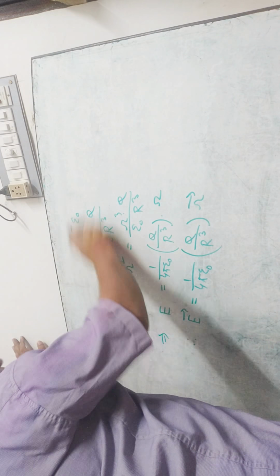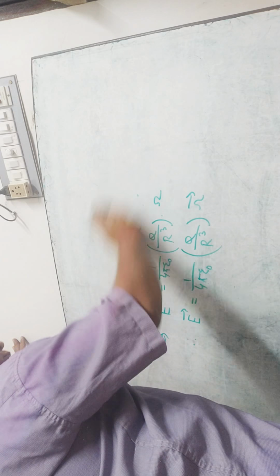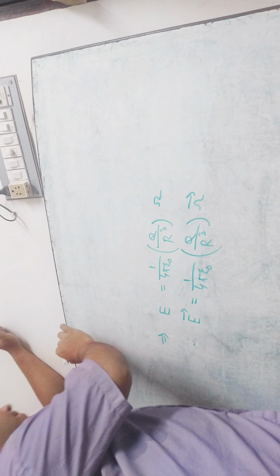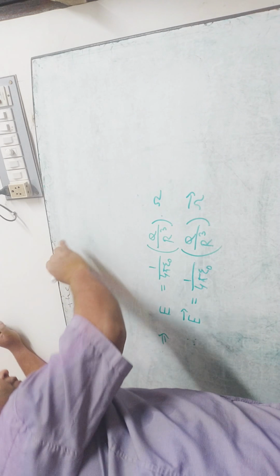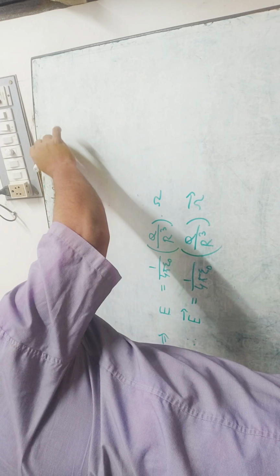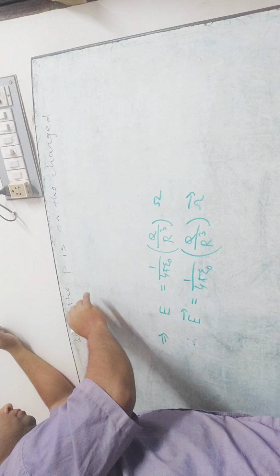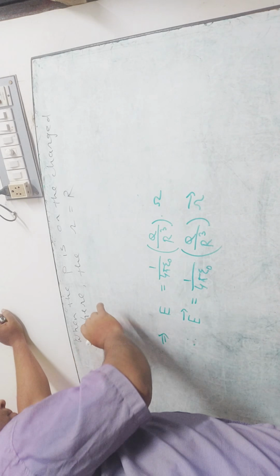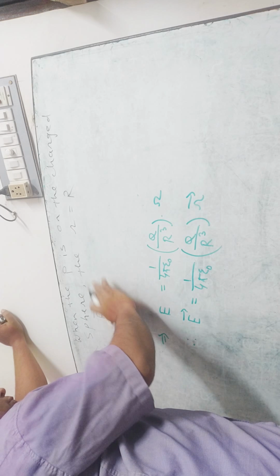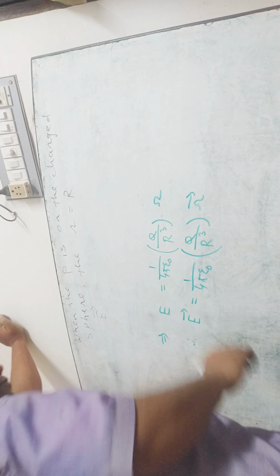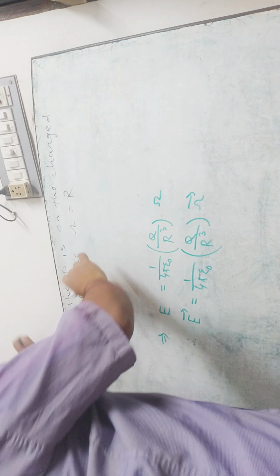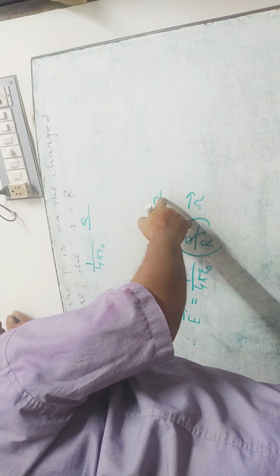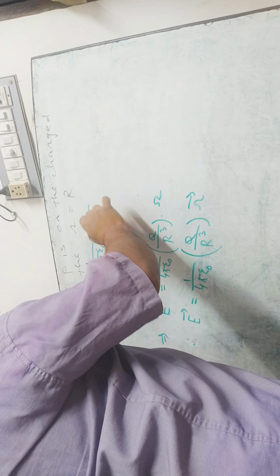That is, when the point P is on the charged sphere, then small r is equal to capital R. Therefore, E vector is equal to 1 by 4 pi epsilon 0 q by, here we can put capital R instead of small r, r cube into r.